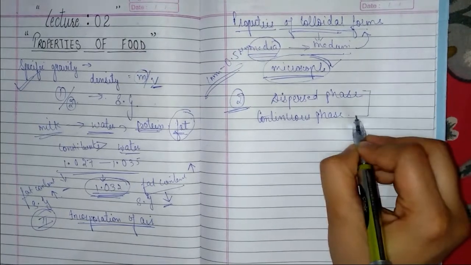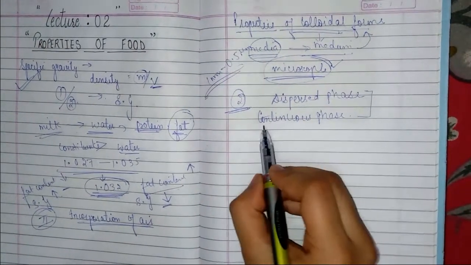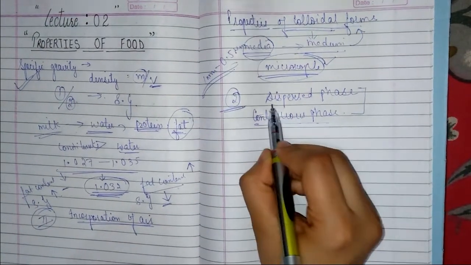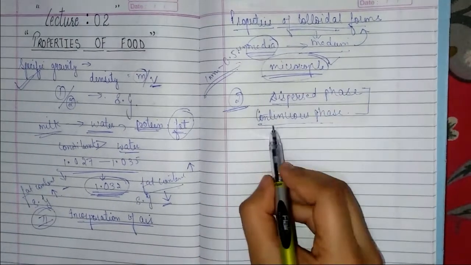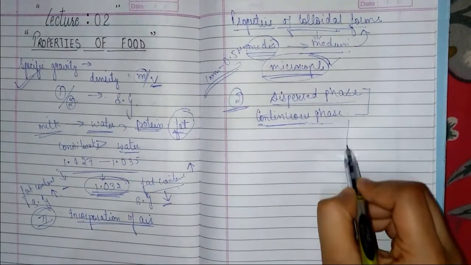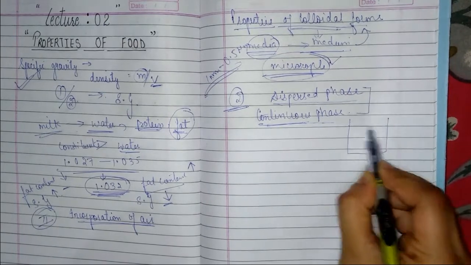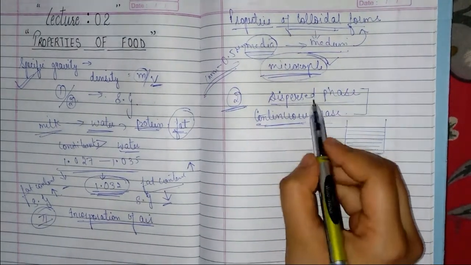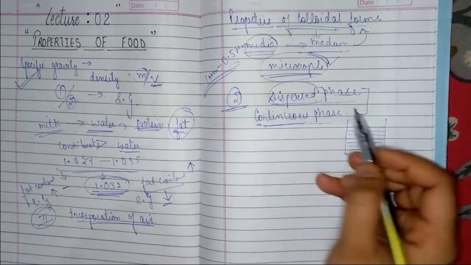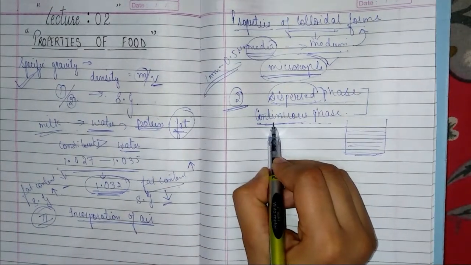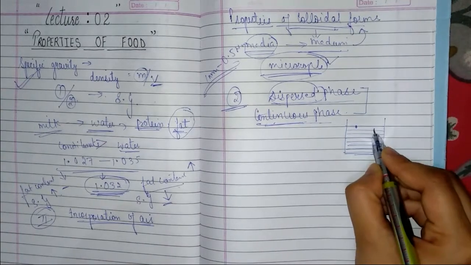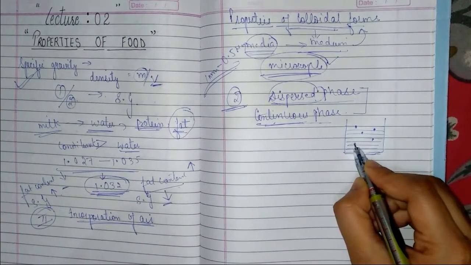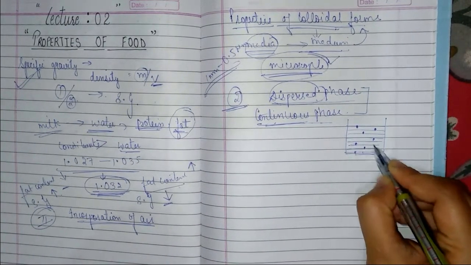The meaning of both can be inferred from the term only. One is continuous phase and the other is dispersed phase. Continuous, as the name suggests, means it is continuous, in a large quantity. Dispersed means the phase which is dispersed in the continuous phase.